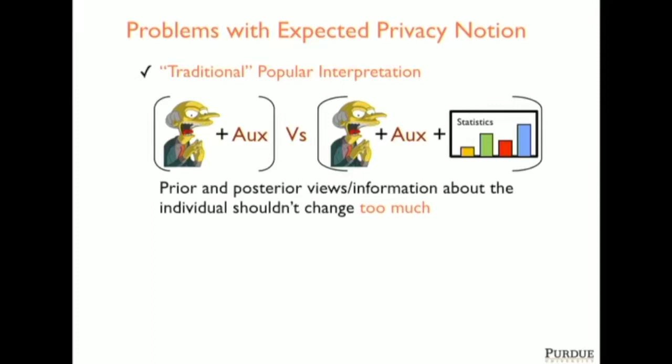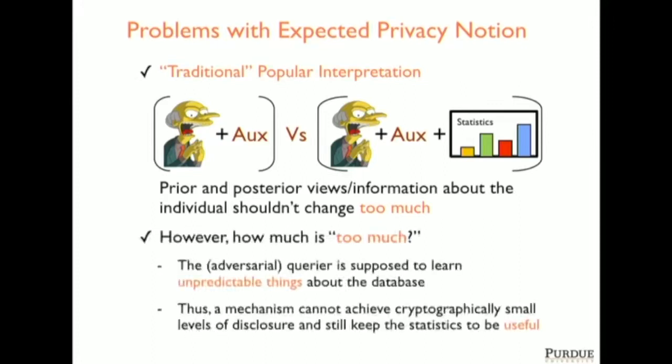Okay, but the key question that we want to ask is how much is too much? In the most ideal scenario, we want this information to be negligibly small, which is closely equivalent to the standard cryptographic setting.